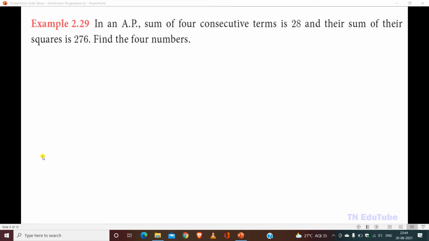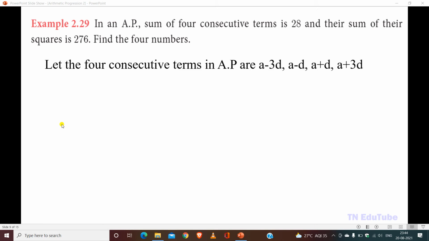Then the next question is, in an AP, sum of 4 consecutive terms is 28 and the sum of their squares is 276. Find the 4 numbers. How will you take the 4 numbers? The 4 consecutive terms are a minus 3d, a minus d, a plus d, a plus 3d. The common difference between these two terms is 2d.